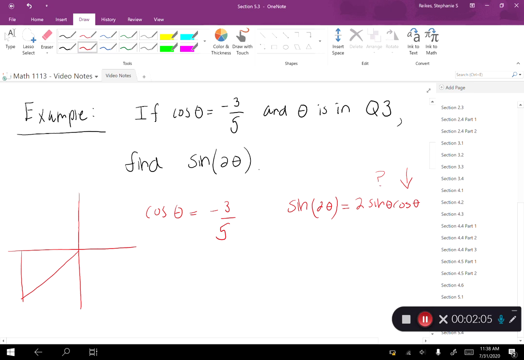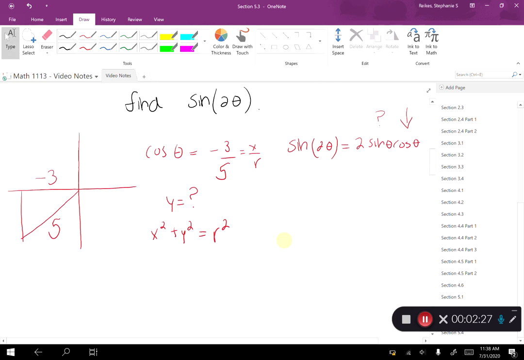So again, my formula for cosine is x over r. So I know my x value is negative 3, my r value is 5. I'm missing what my y value is, but I can use the formula x squared plus y squared equals r squared. So let's plug in. I have negative 3 squared plus y squared equals 5 squared, so that's 9, plus y squared equals 25.